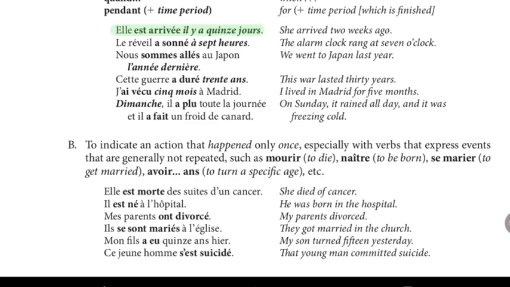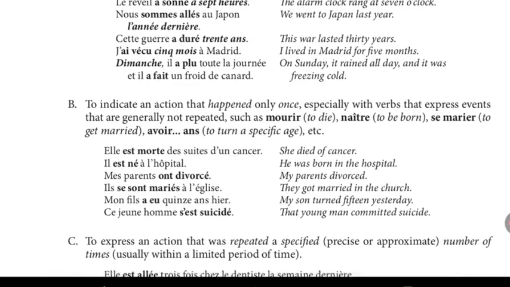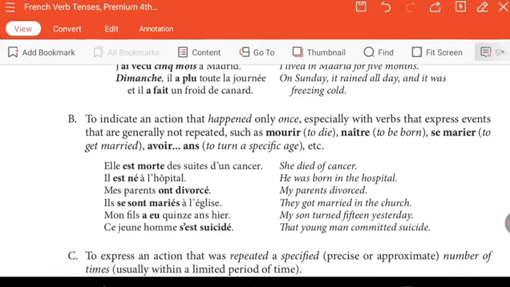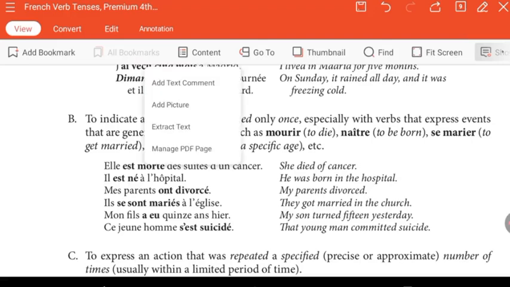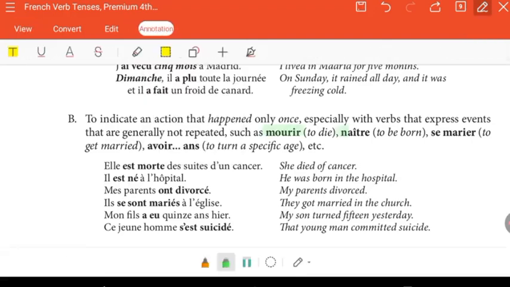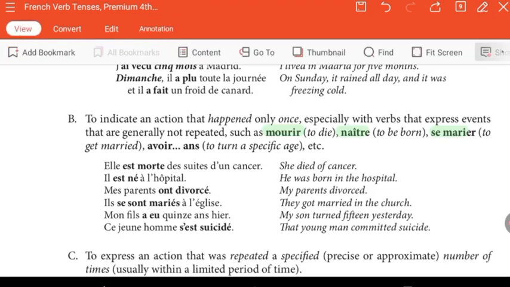So for those kinds of actions we use passé composé. Look at the verb mourir, the verb naître, the verb se marier, and verbs like that. Look at them now. Mourir, we have naître, we have se marier. Then we have elle est morte, we have il est né, we have mes parents ont divorcé. You get it now? Ils se sont mariés. So we use the verb être in this context, things that happen just once.